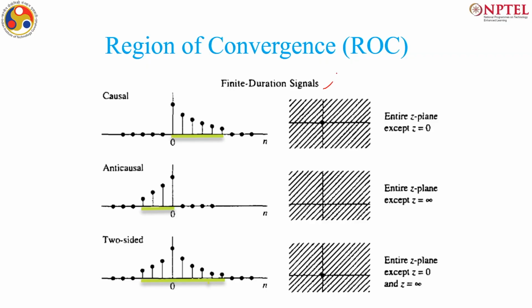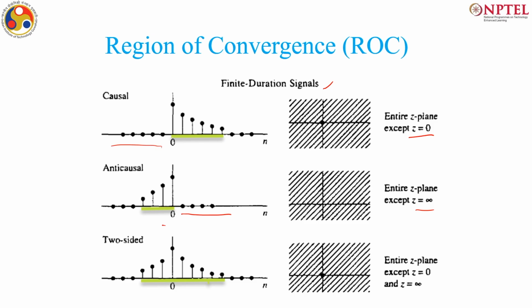We will understand each of these meanings, but let us try to see this pictorially, and we will start with finite duration signals. If it is a causal signal, causal means the values are 0 for n less than 0. Here we see that the entire z plane is the ROC except the point z equals 0. Why so? I will explain. For anti-causal signals where the signal values are 0 for positive values of n, the entire z plane is the ROC except z equals infinity.